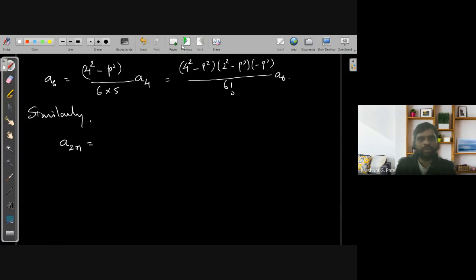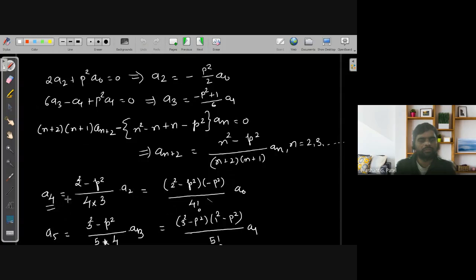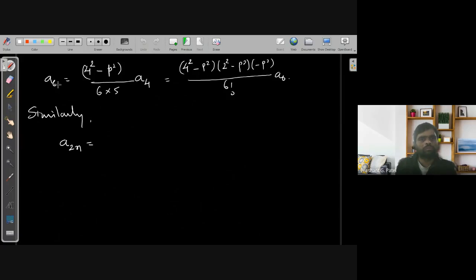For a2n, you just observe that this is a4, then it will start with 2. It is a2, then it is 0. This is a6, so it will start with 4.